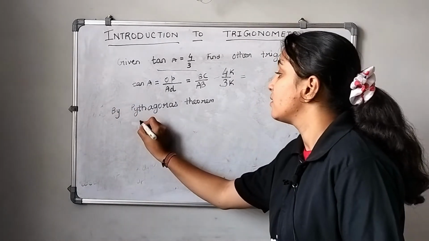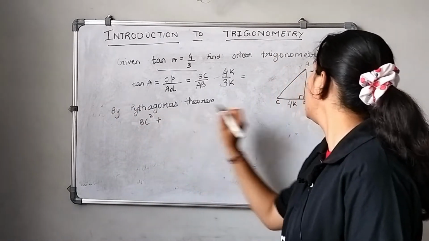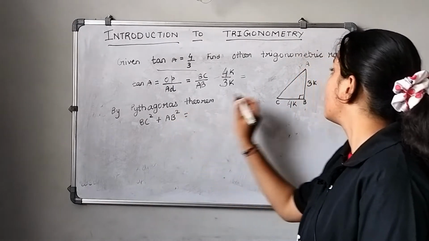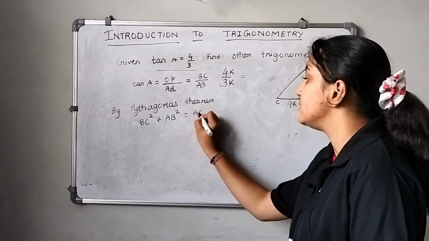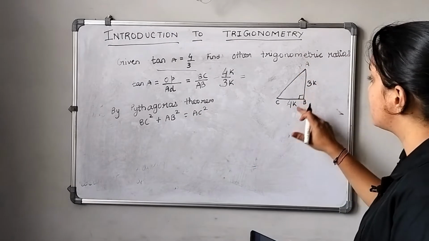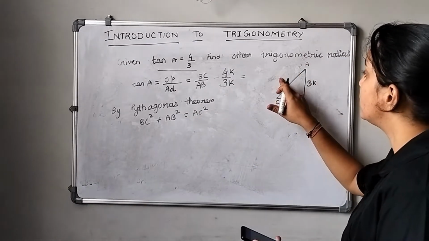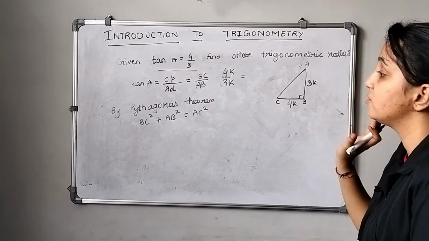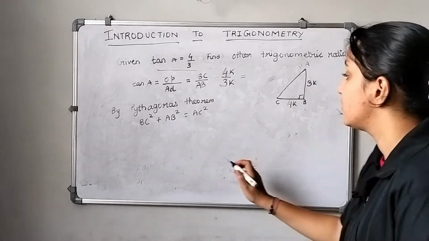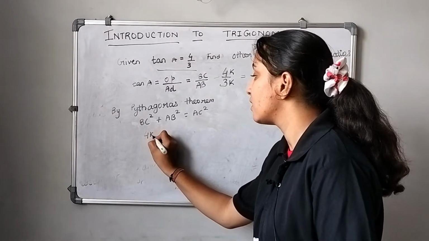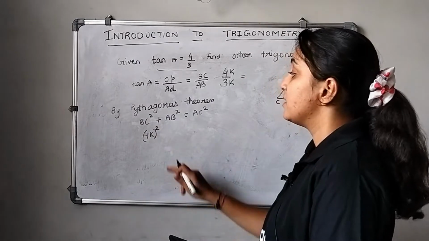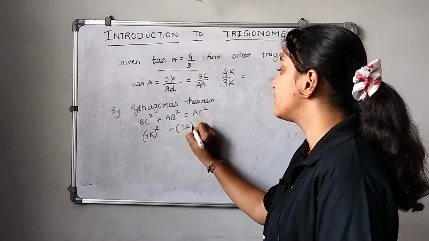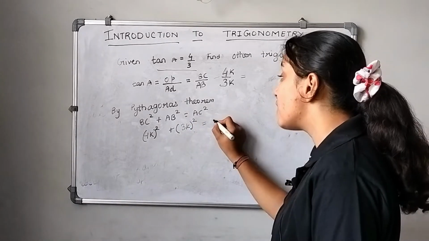BC square plus AB square is equal to AC square. See, the sum of the squares of the two sides is equal to the hypotenuse side square. This is my hypotenuse. Now, what is BC square? 4K the whole square, plus AB square, 3K square, is equal to AC square, which we have to find.